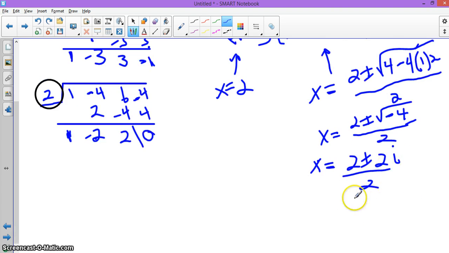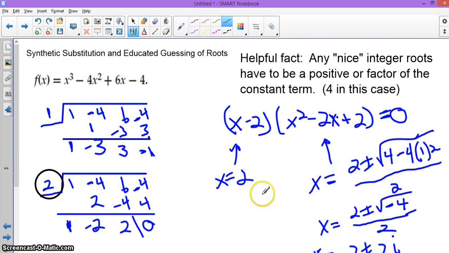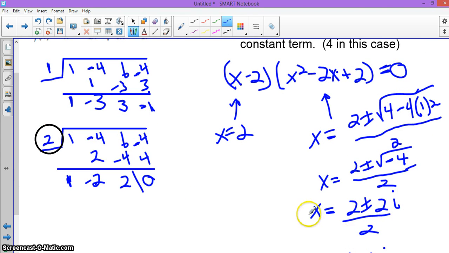So you get x equals, well, 2 over 2 is 1. 2i over 2 is 1i, and there you go. We have 1, 2, 3 roots. 1 real root, 2 imaginary roots. Notice the degree was 3, so we should have 1, 2, 3 roots. 1, 2, 3 solutions, 1, 2, 3 zeros, whatever you want to call them.